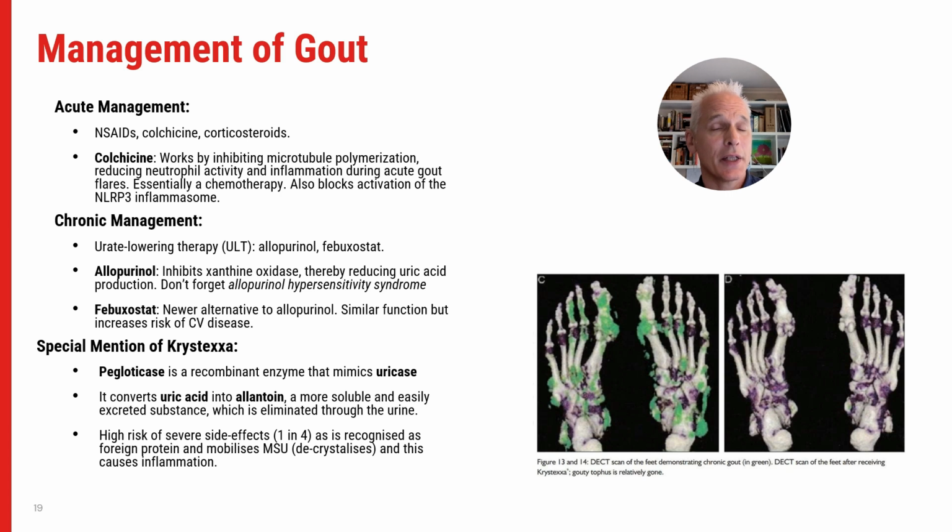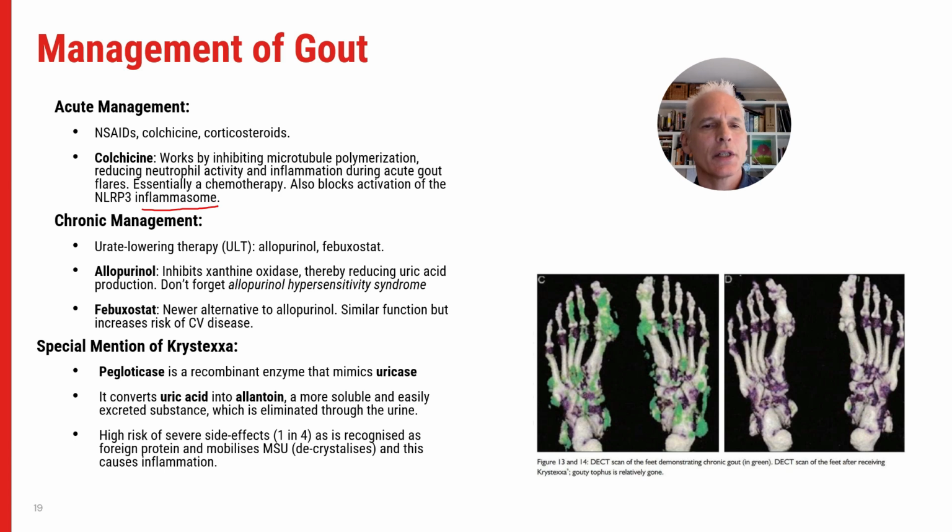And colchicine basically blocks the formation of that internal skeleton of the cells, and it works very rapidly, and by doing so it actually slows down or changes the deposition of inflammatory chemicals, and so it helps to suppress the gout. It also blocks the activation of that inflammasome that we talked about before.